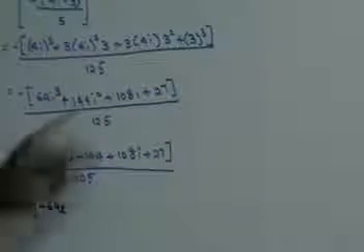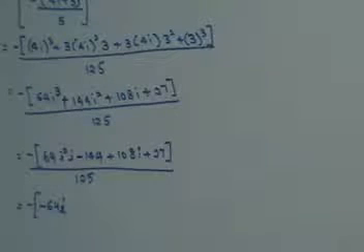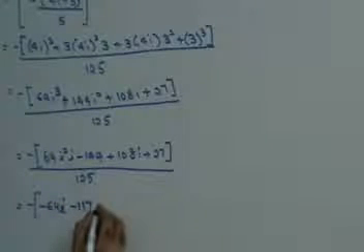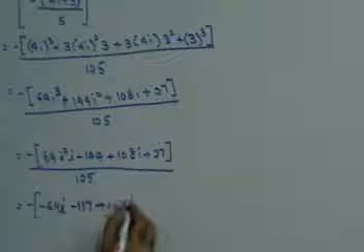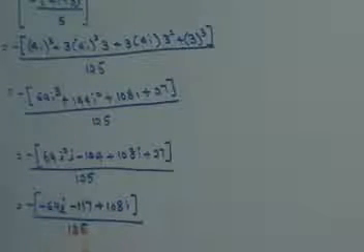This was plus 144, so this is going to be minus 144. 3 3s are 9 and 16 9s are 144, so this is 144 i square. i square is minus 1. So that's minus 144. Now minus 144 plus 27 is minus 117 plus 108i upon 125.